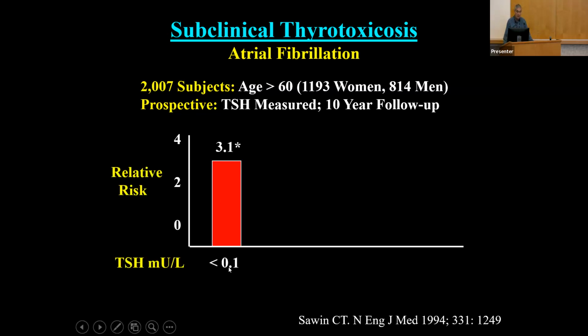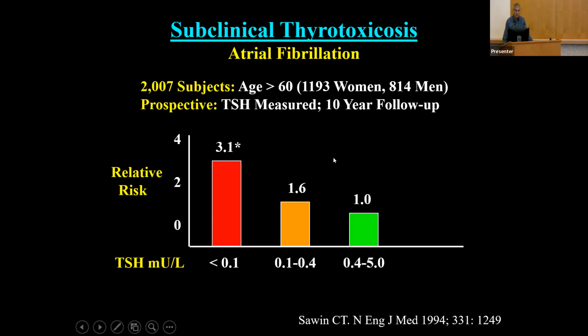They found that people who had a TSH that was below 0.1 had a 3-fold increased risk of developing atrial fibrillation. And even a slight reduction in their TSH was associated with a 60% increase compared to normals.